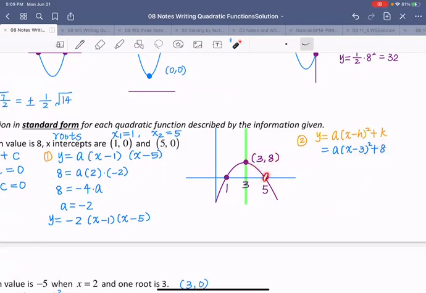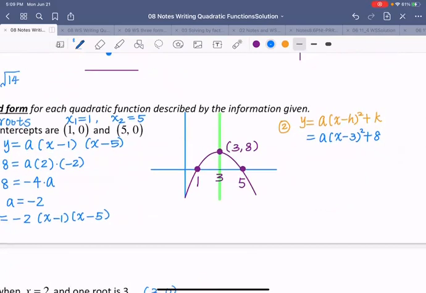Okay. Now your point passes (5, 0). Plug in x equals 5, y equals 0. So 0 equals a(5 minus 3) squared plus 8. So you do 0 equals a times... Correct?